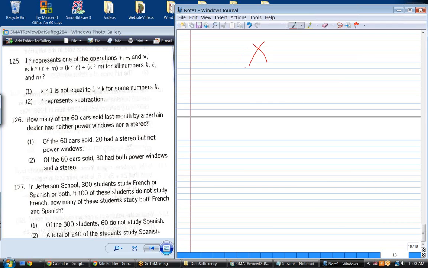Could it be addition? K plus L times M would not be equal to K plus L times K plus M unless K was 0. But here's the thing, with statement 1, K plus 1 is not equal to 1 plus K. K could be a negative number, so it wouldn't be. So well, that tells you it's not multiplication. Because if this dot meant multiplication, K times 1 would have to be equal to 1 times K. There would be no values of K where that wouldn't be true.